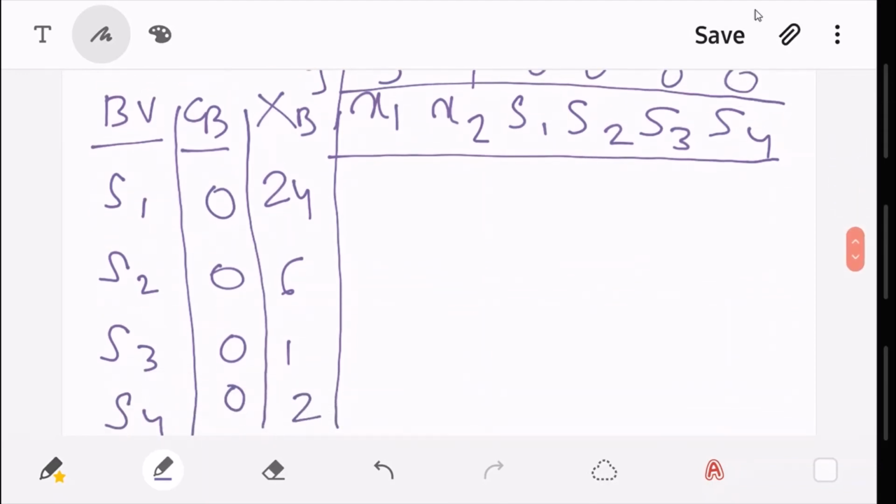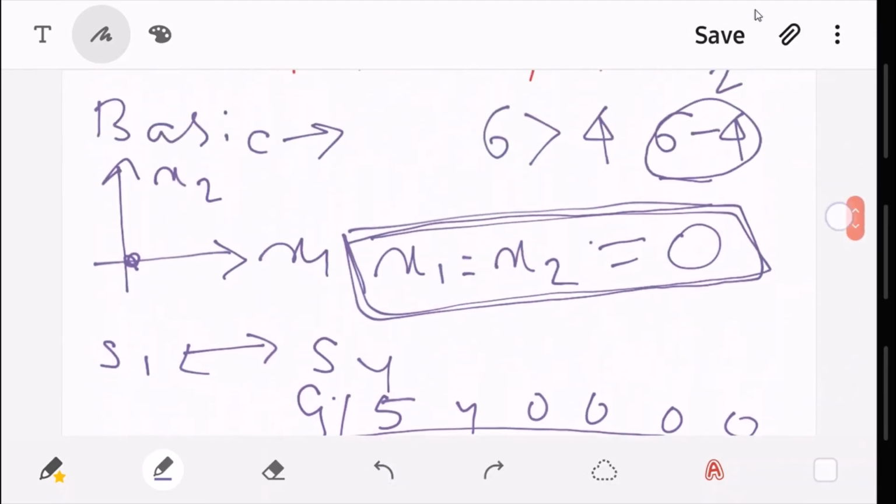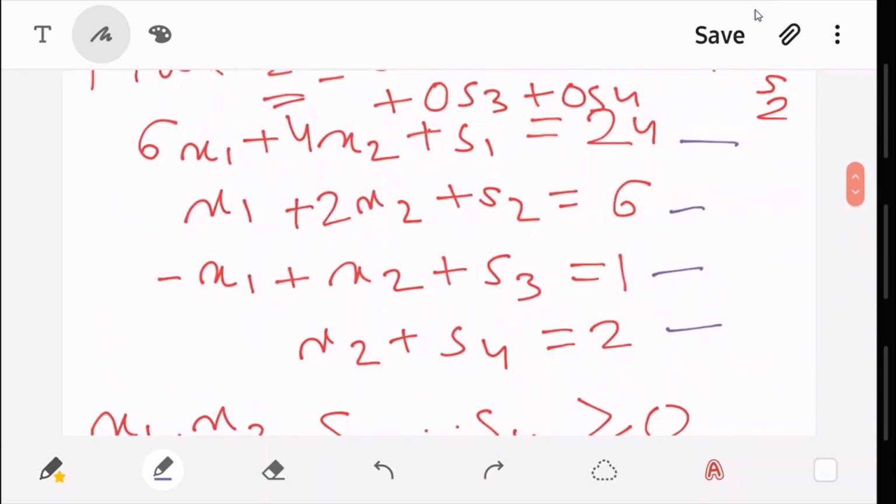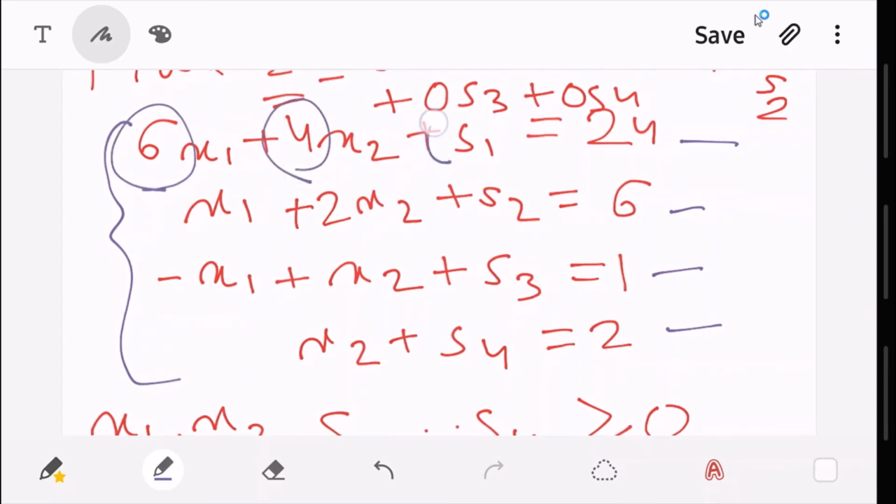Next, in this area we will fill the constraint coefficients from the equation form. This is my equation form. So here the coefficients are 6, 4, 1, and then for s2, s3, s4 in the first equation it is 0.